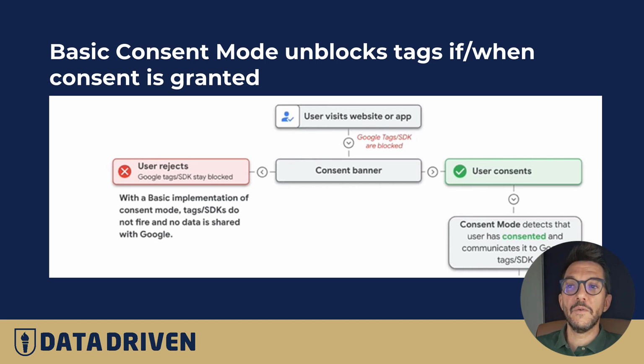This is how basic consent mode works and how it worked so far. If a user visits your website and then denies consent on the banner, tags do not fire and tracking stops completely. Whereas if the user consents, basically everything works as normal, to put it the way Google puts it.